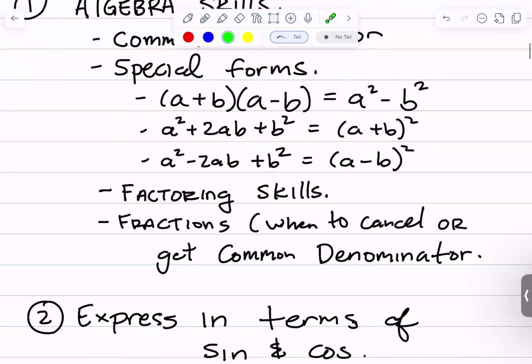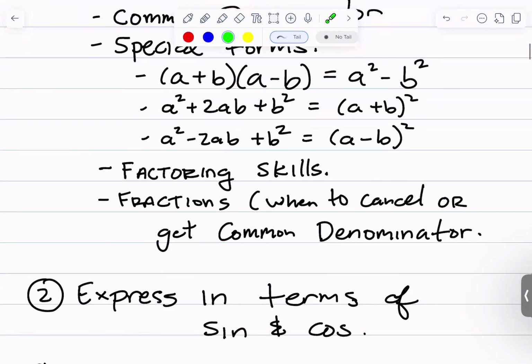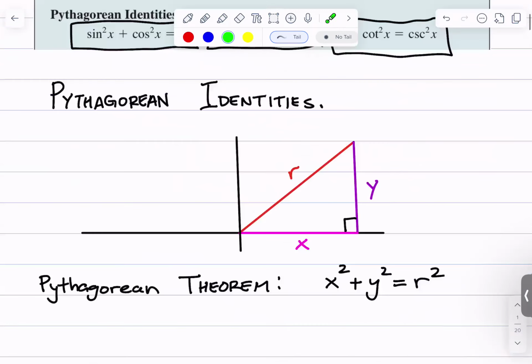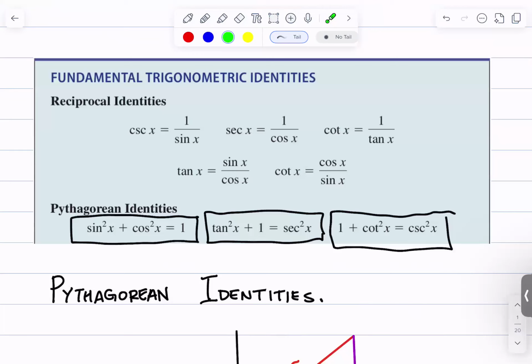And we need to learn how to express everything in terms of sine and cosine. All the trig functions can be expressed in sine and cosine, right? Cosecant is the reciprocal of sine.